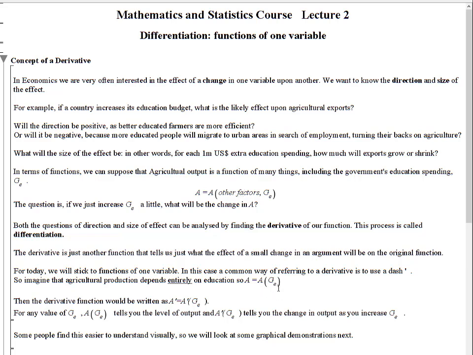Then if that's the function A, the derivative function will be written as A dash, and that would also depend on government education spending. So for any value of G you start with, whatever government education spending is this year or today, A of G tells you what's the level of output we expect from that. A dash of G tells you how much we would expect that level of output to change if we were to increase government spending on education from that level.